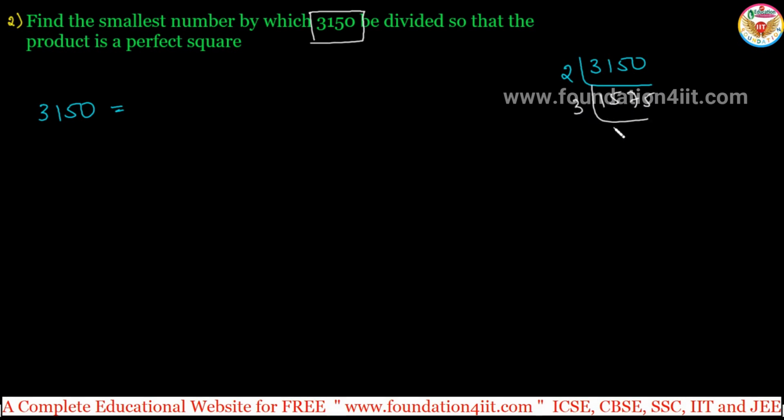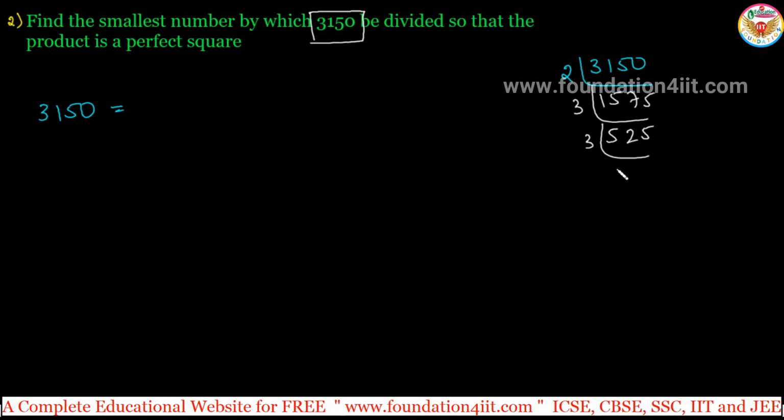So we'll go with the 3 table: 3 5s are 15, and 3 2s are 6, 1 carry. Again go with 3, because if 3 is possible we continue with it. 3 is divisible here: 3 1s are 3, 2 carry, 22, 7s are 21, 15 means 5.